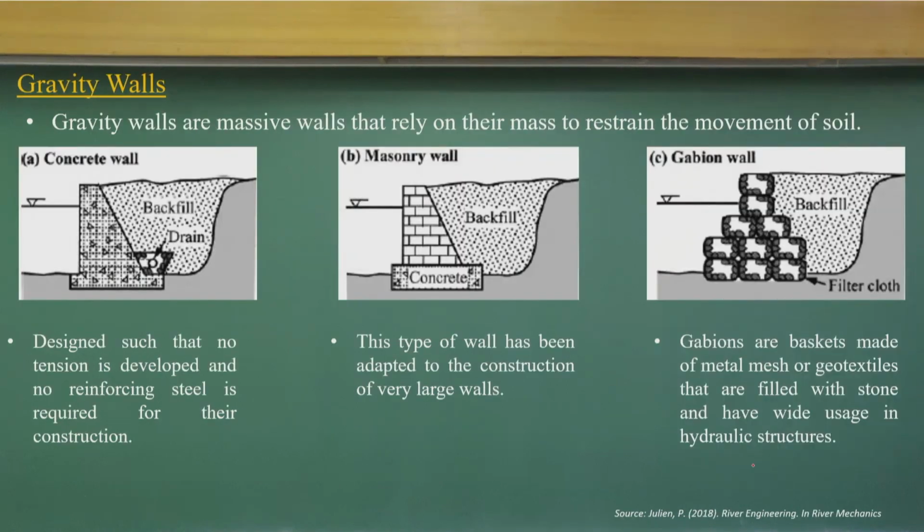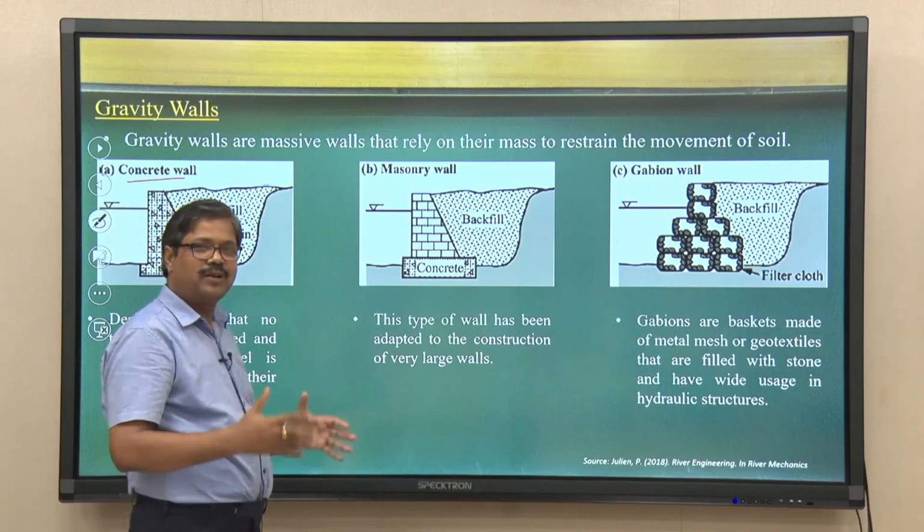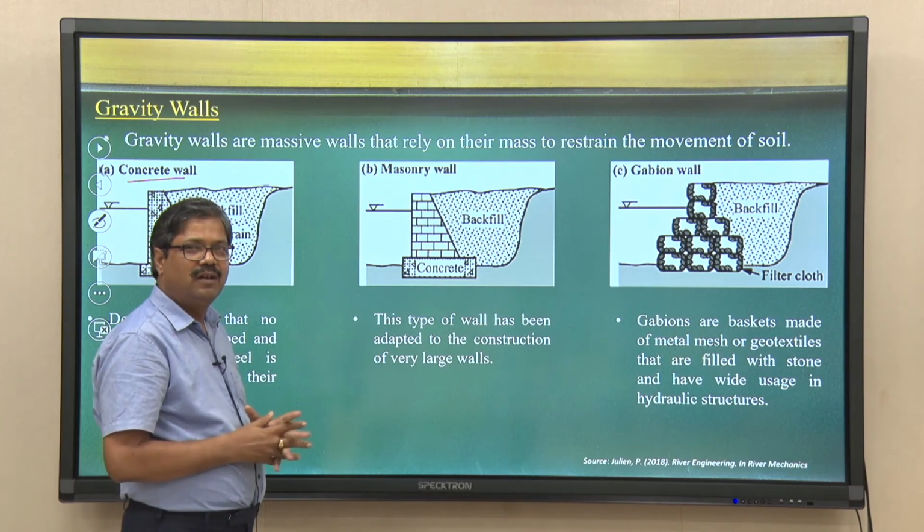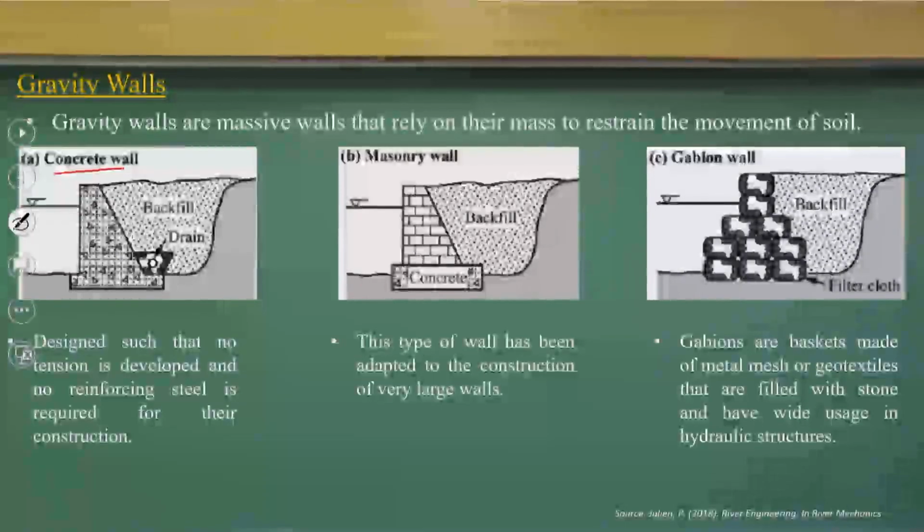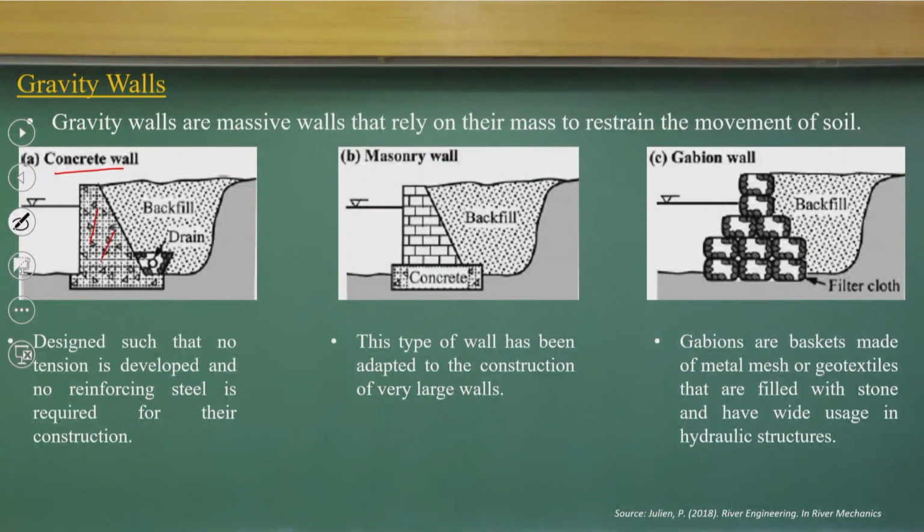In the same way, if you want to protect the bank, you can have concrete walls, where you have small streams and you want to protect a certain stretch of the riverbank. You can think about having a concrete wall, with a backfill and a drainage system, or a masonry wall with backfill and concrete, or a gabion wall.